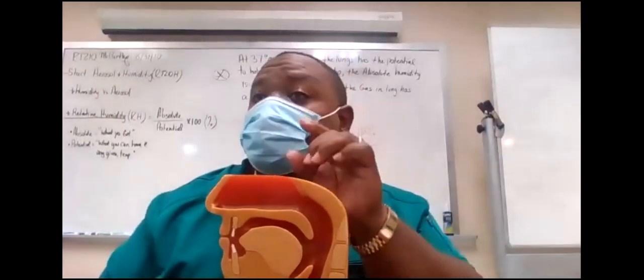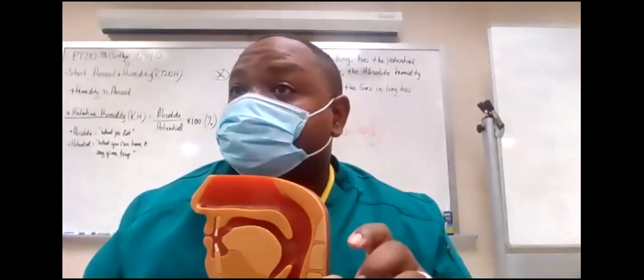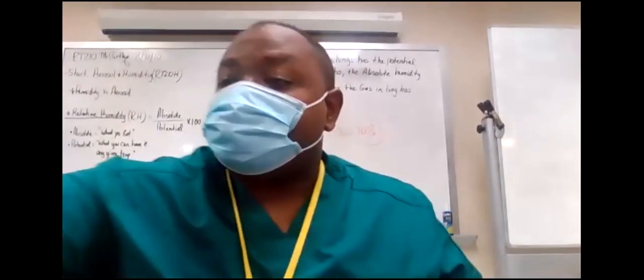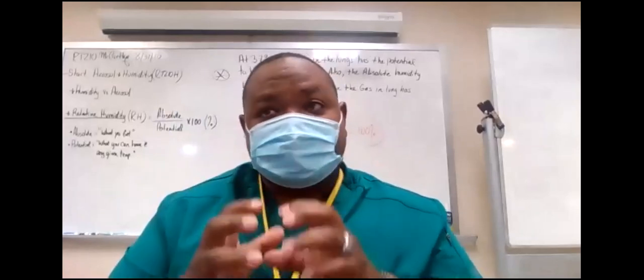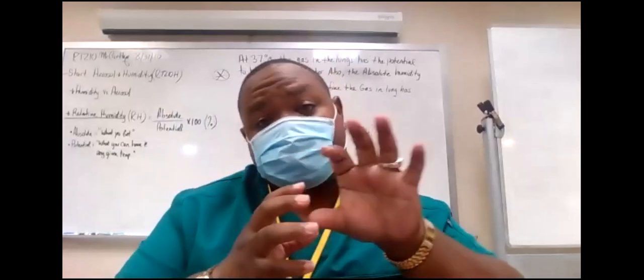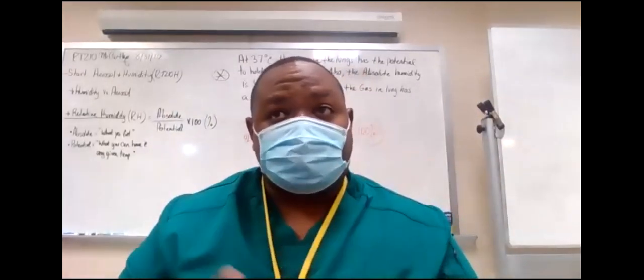That's why in the alveolar air equation, you have to subtract the water vapor pressure, right? Because you have water vapor in there as well as oxygen. So we want to know how much is just oxygen. To find out what's just oxygen, we have to subtract the water vapor, and we have to subtract the CO2. That's why in the alveolar air equation, it says P bar minus water pressure.